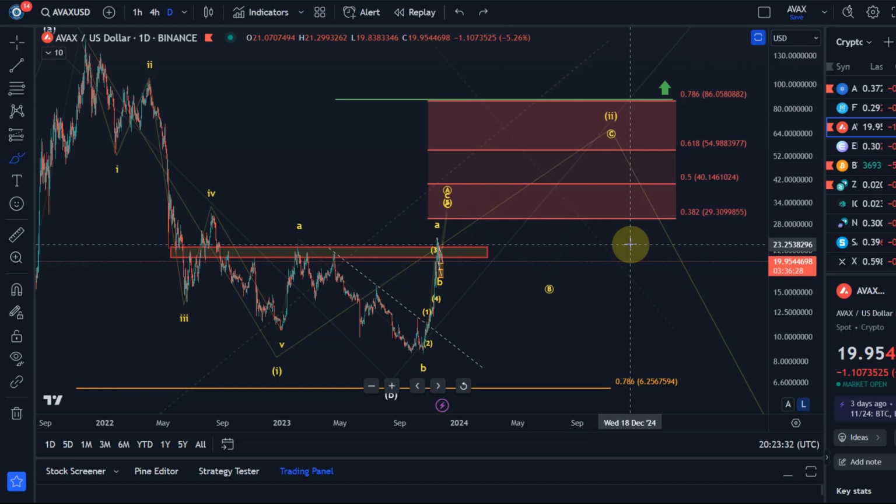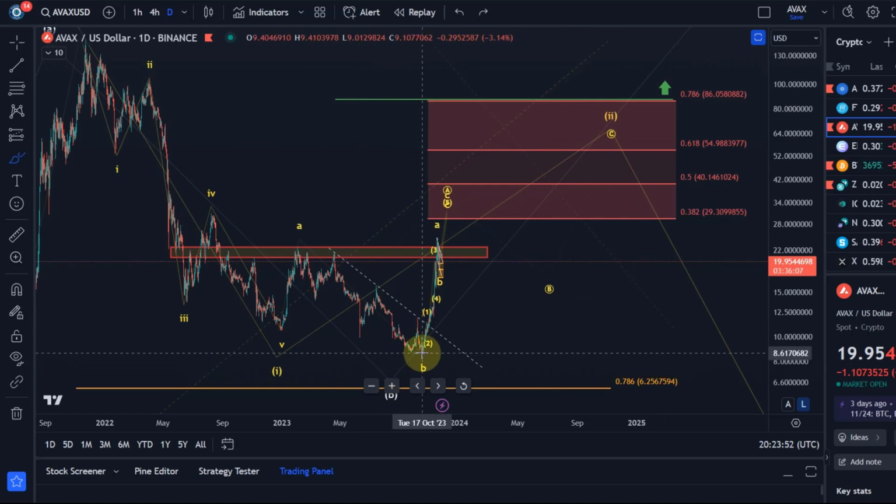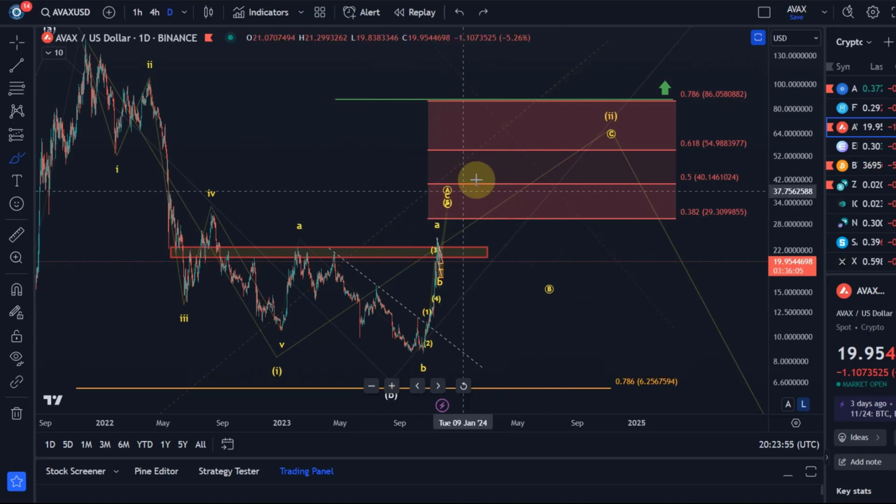If that level breaks, we're already likely in the B wave. So at the moment, A wave likely in the making, then the B wave pullback. If it's a corrective pullback that forms a higher low and respects certain support levels, then we can watch for a C wave that might take us to roundabout $55 to $86. But that really depends on how high the A wave goes and how deep the B wave pulls back.